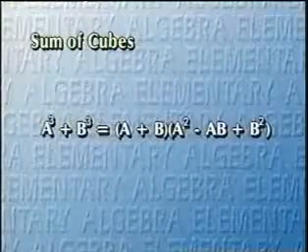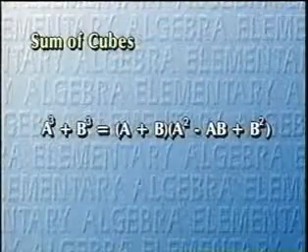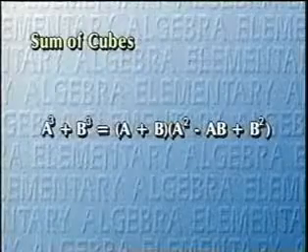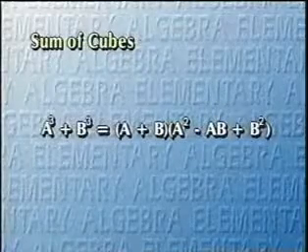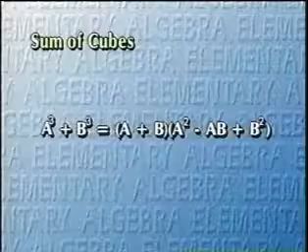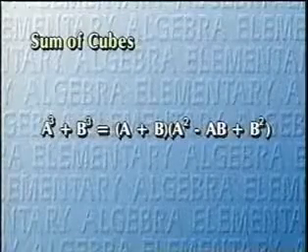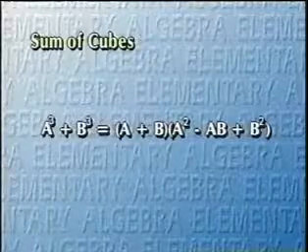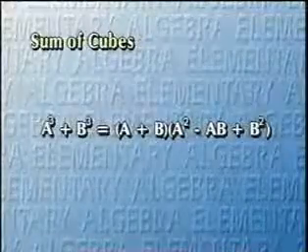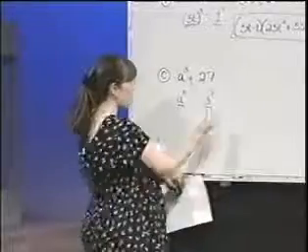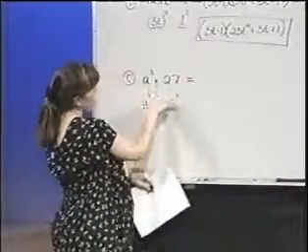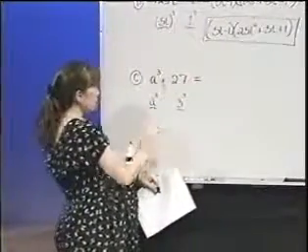The sum of cubes formula says a cubed plus b cubed is a plus b times a squared minus ab plus b squared. Okay? So let's take this example. Let's use that formula and let's factor. To factor a sum of cubes, do this.